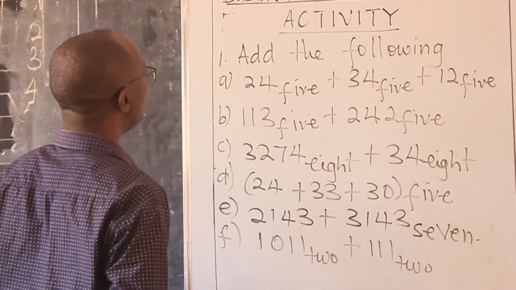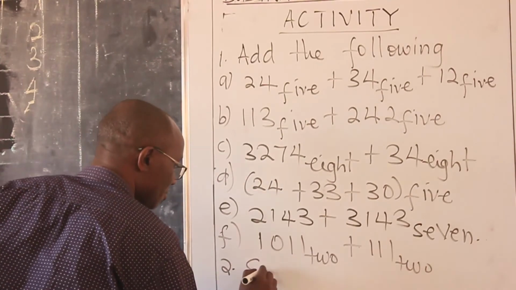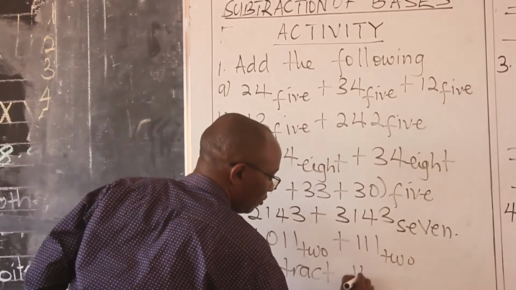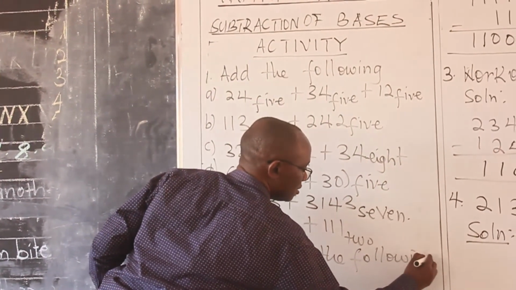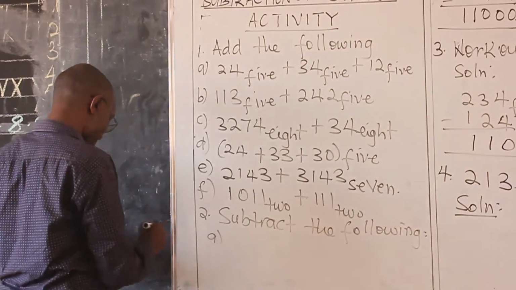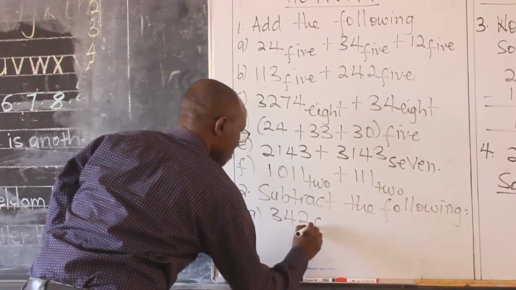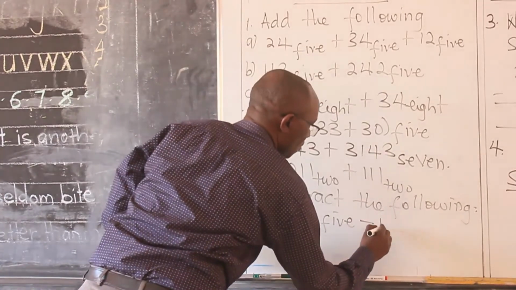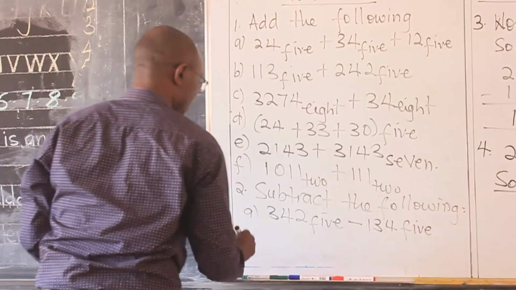So that is enough for addition. Now subtraction. Number 2 is subtraction. Subtract the following. A: 342 base 5 minus 134 base 5.